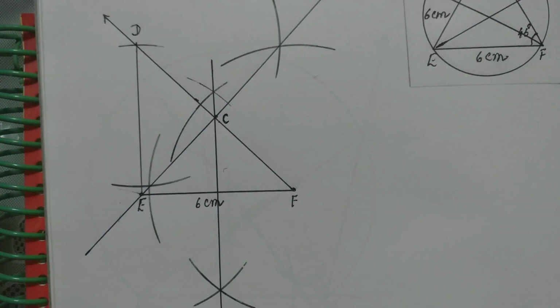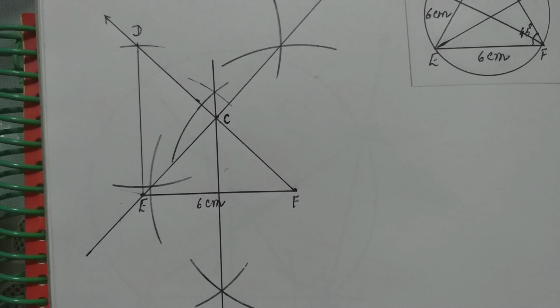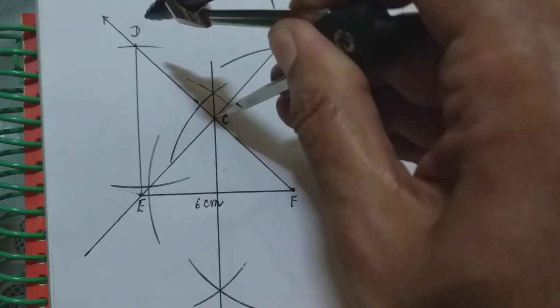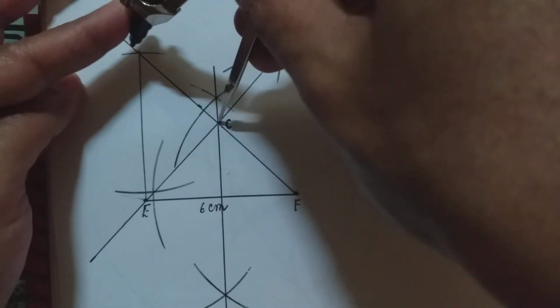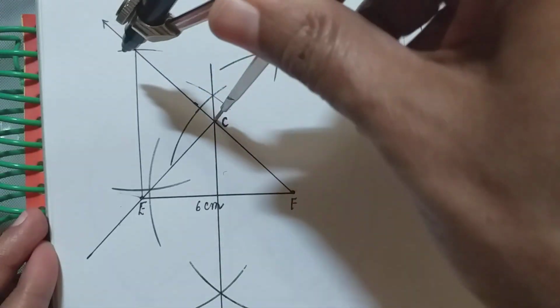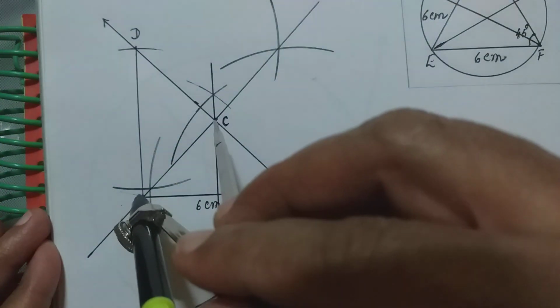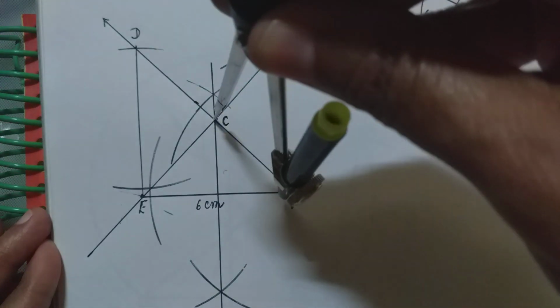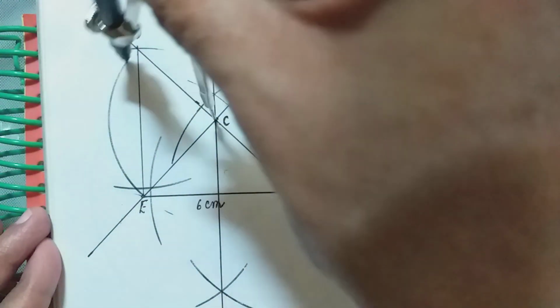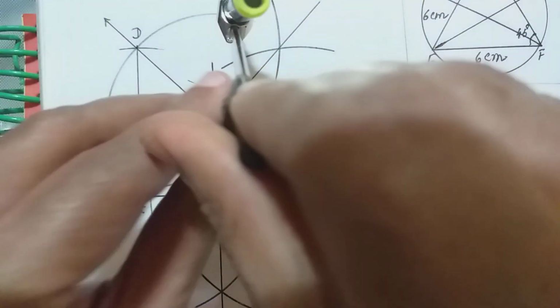And now we have to construct the circumcircle. So from the point which is the circumcenter, we move to D and see the distance to D. Notice whether the distance is the same to E and also to F. And once it is the same, we construct the circumcircle.